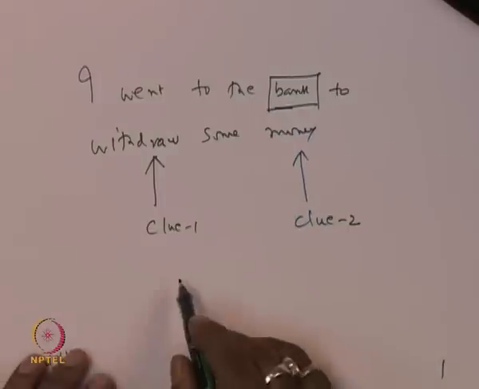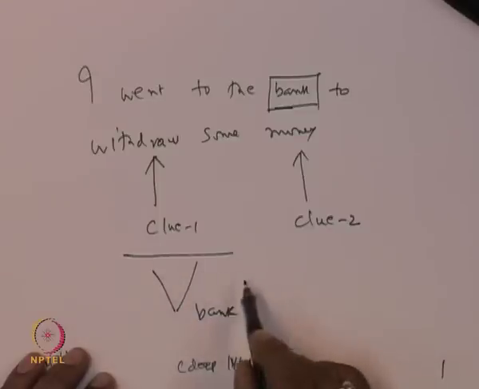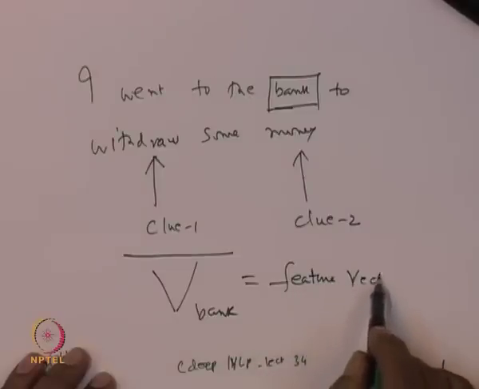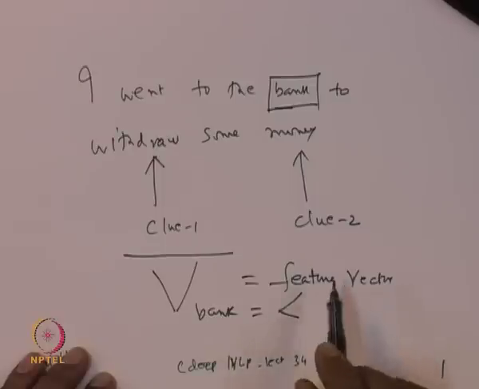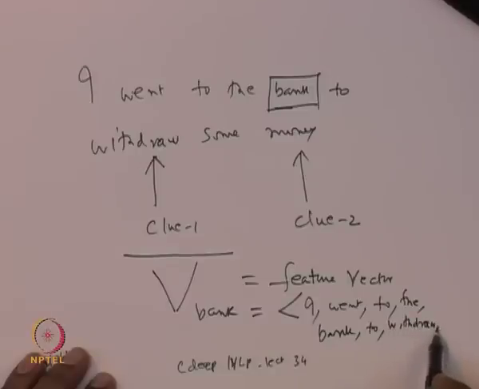So, we are constructing V_bank, which is the feature vector, all right, and this consists of maybe words like I, went, to, the, bank, to, withdraw, some, money, all right.